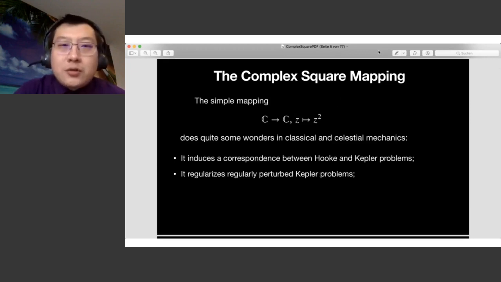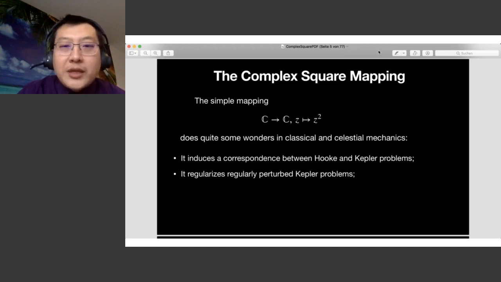The collisional singularity in the Kepler problem with attractive center gets transformed into a non-singular center in the Hooke problem. Therefore, it regularizes this singularity in the Kepler problem.